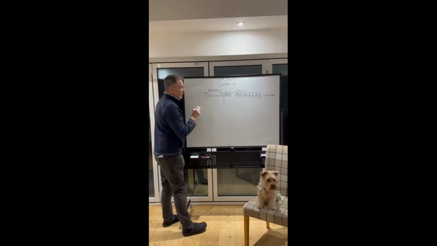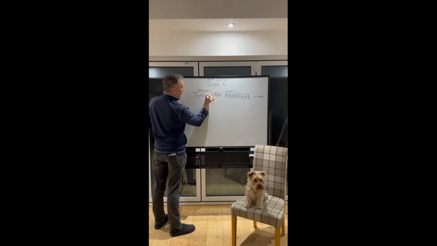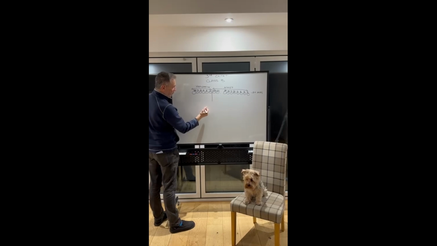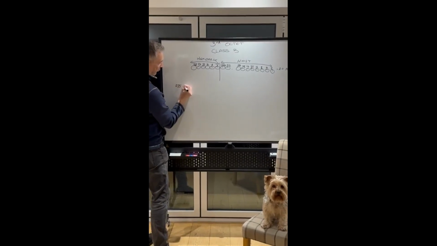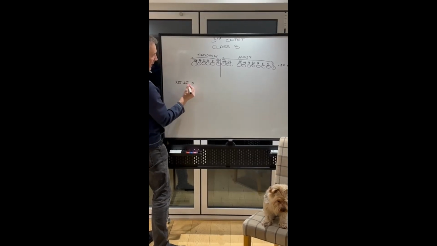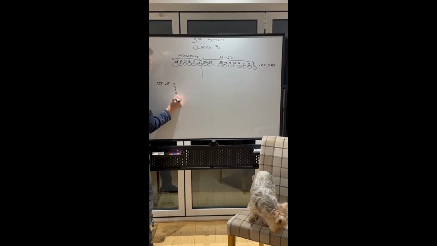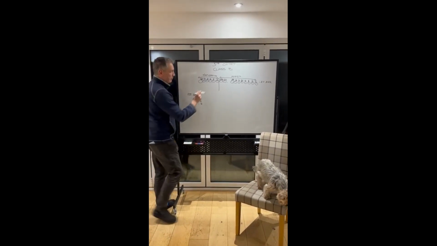Now, given the fact that our networks are going to start at 4, 8, 16, 32, 64, 128, they're going to go up in 4s. So the first network will be a 0, so it will be 255.255.0, then .4, then .8, .12, .16. So it goes up in 4s each time.